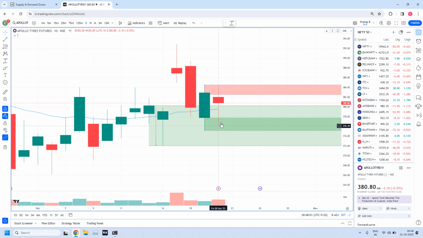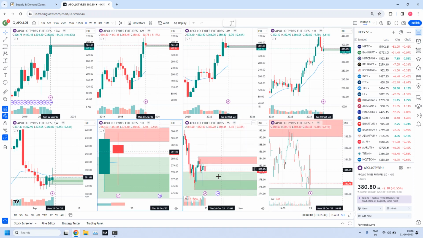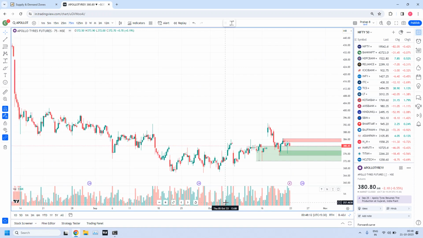Today it came down, got an entry, and then again it reached the target. So let's look into the 75 minutes time frame.